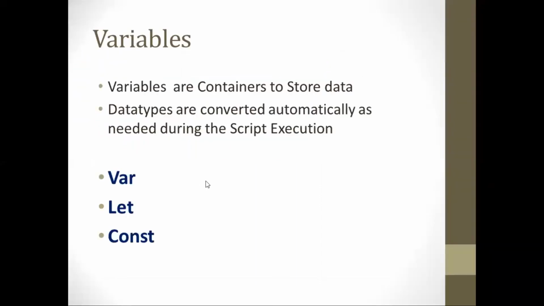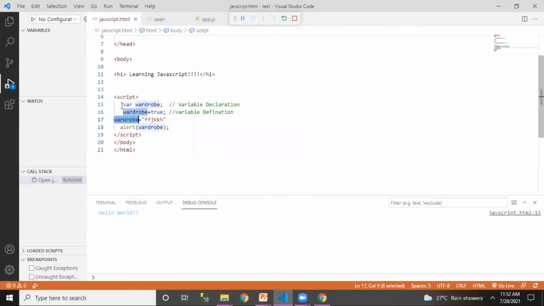This is because it will start executing from here. First it will declare the variable, right, and after declaring the variable, it will assign this true value to this wardrobe. But after that, when it moves further, it gets another value, which is a string, stored in this variable. So it will simply print the last value stored in your variable. Here it has not checked which type of variable it is, whether it is a string, an integer, or a boolean.